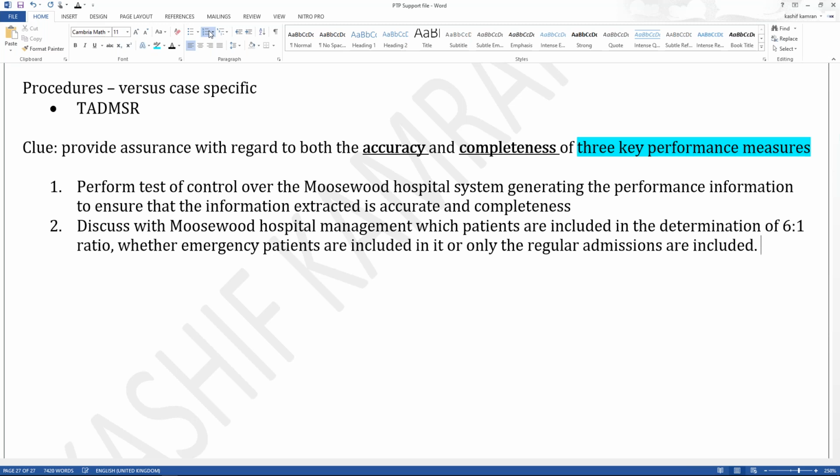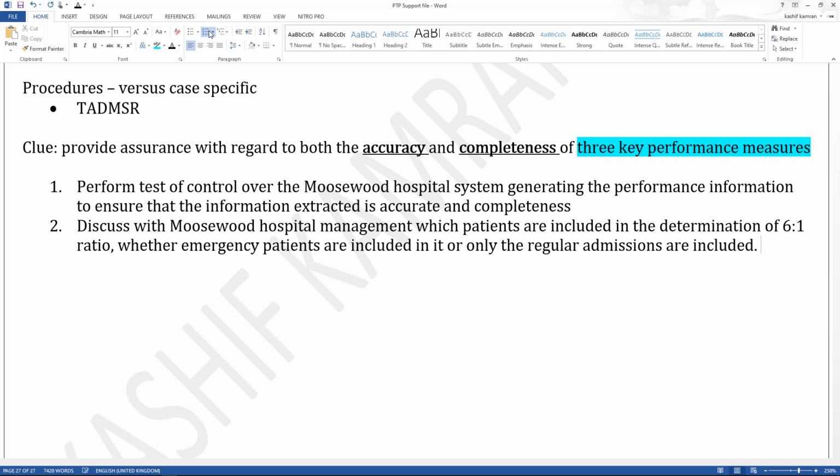You have two parts of the hospital, right? One is the emergency part where everyone is on their toes, and one is the regular admission where you are admitted to a room, like a private room, right? So I need clarity from the management on whether the 6:1 ratio is applicable only to regular admissions, or also to emergency cases.